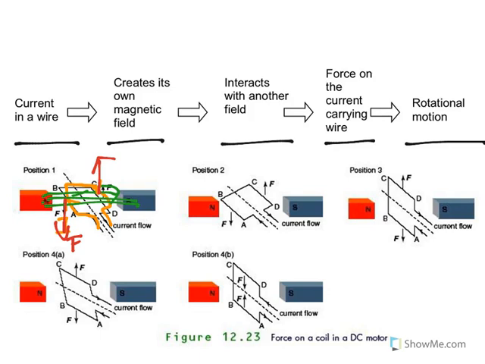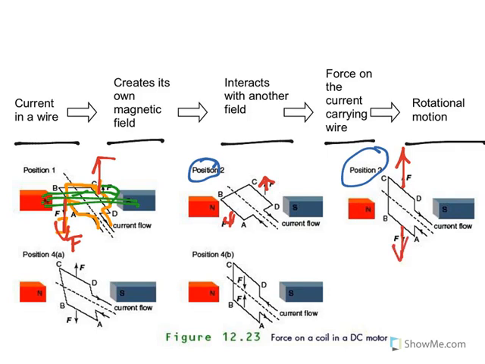So there's position 1, then we get across to position 2, it's rotated, and as you can see we've still got those forces acting in that direction. Then we get to position 3 where it's rotated more, and now the coil is perpendicular to the field, and we've got a force up and a force down.